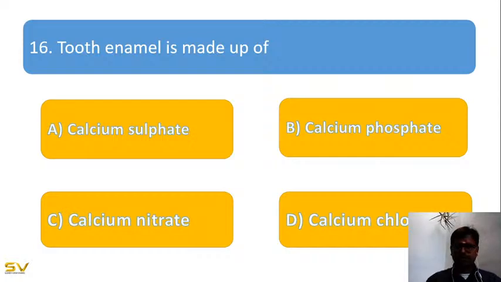For that, we need to wash our mouth properly after eating food, and we need to apply a paste which is basic in nature so that we can neutralize it. Yes, I got an answer from Sham. It's calcium phosphate, and Jagdish option B, Aisha option B, Razak option B, Rehan option B.